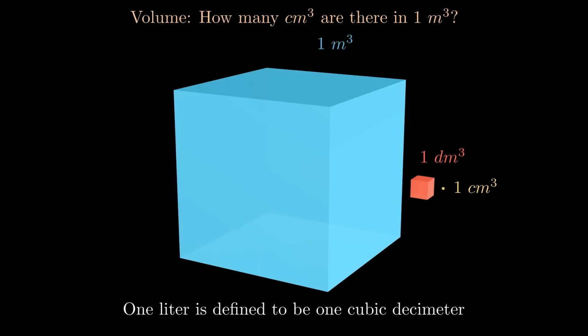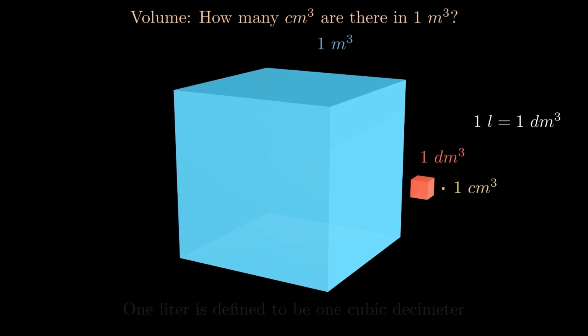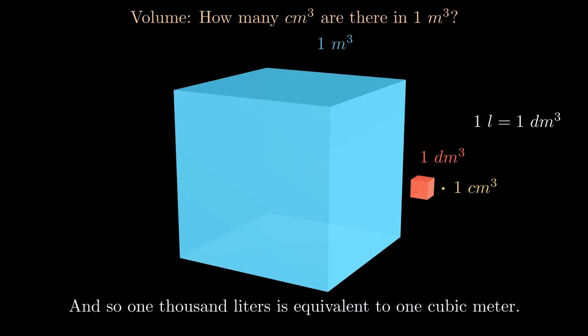So yes, we define 1 liter to be 1 cubic decimeter, which you will see in chemistry mostly. 1 liter is equal to 1 cubic decimeter. And so yeah, 1,000 liters is equal to 1 cubic meter. And 1,000, of course, 1,000 cubic centimeters, they make up 1 cubic decimeter.